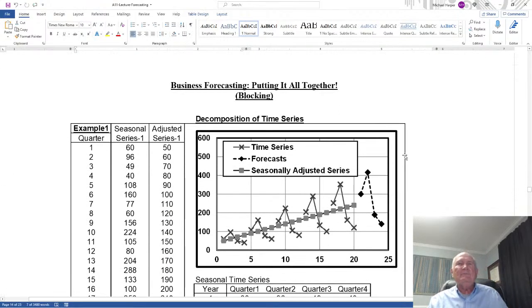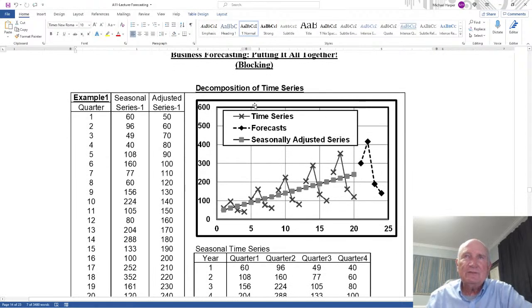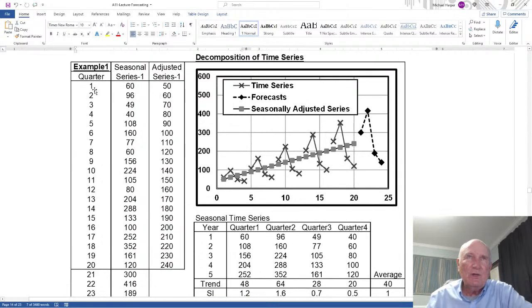Okay, now let's put it all together. Putting it all together, this is called decomposition of time series. Example 1, I have 20 quarters' worth of data. Here's my seasonal time series, and I plot it here. There's my x's. Now when I look at this, I can see here's 4, that's a year, that's a year, that's a year.